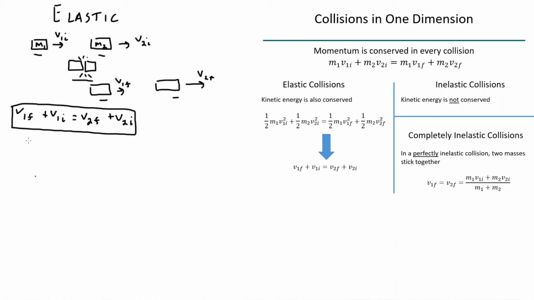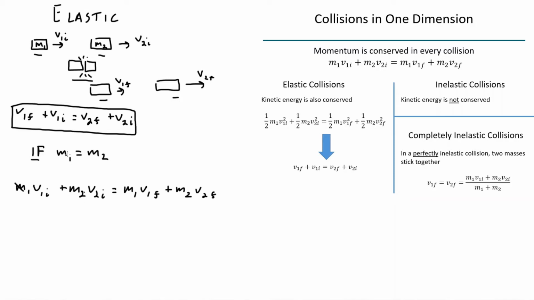Now, I want to look at one special case of elastic collisions in one dimension. Let's say that we have two objects that collide elastically and their masses are the same. So if m1 equals m2, well then when I write out conservation of momentum, I get m1 v1 initial plus m2 v2 initial equals m1 v1 final plus m2 v2 final.